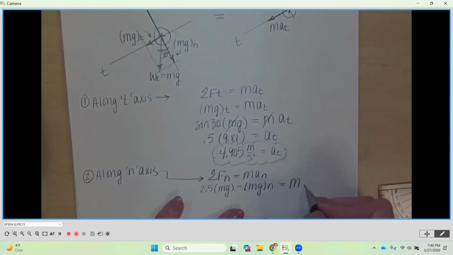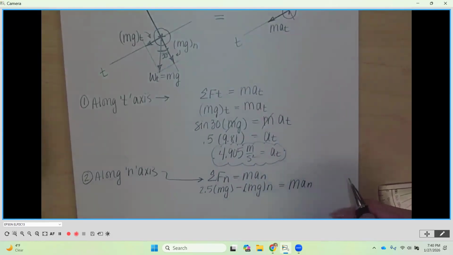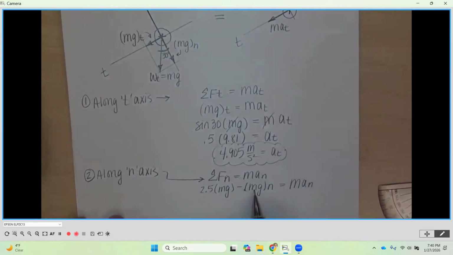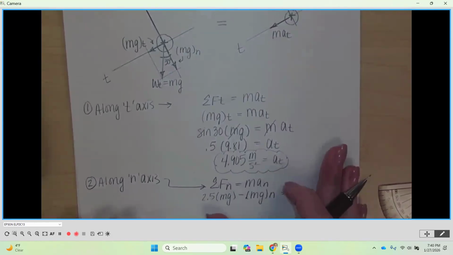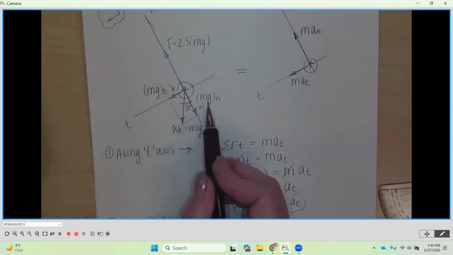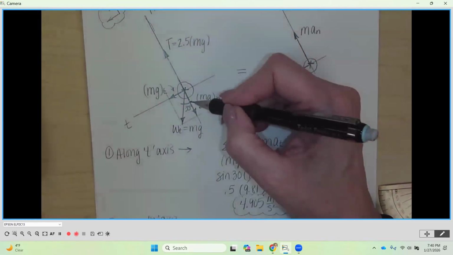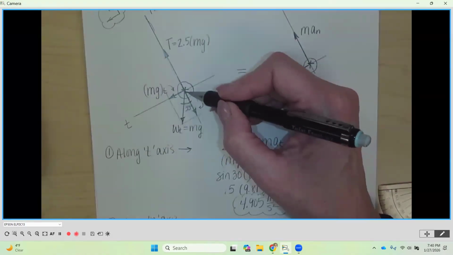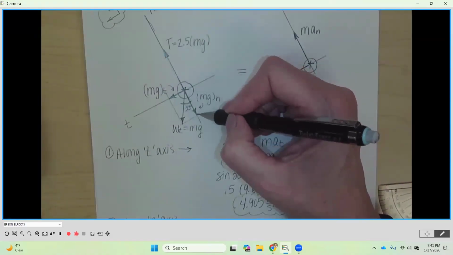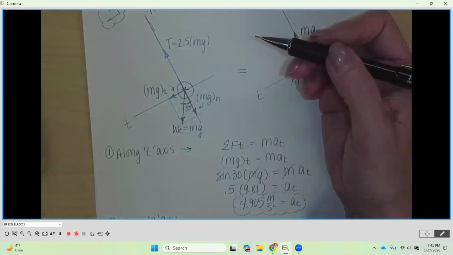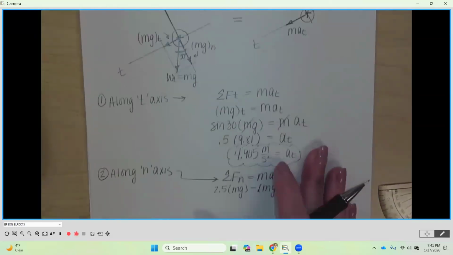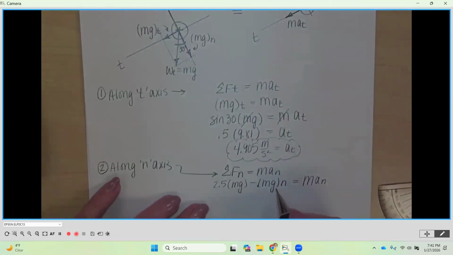So m a n. Now, this quantity here, the normal component of the weight, m times g. If we notice where our 30 is, this is the side adjacent. So that is the cosine of 30 degrees times mass times gravity.